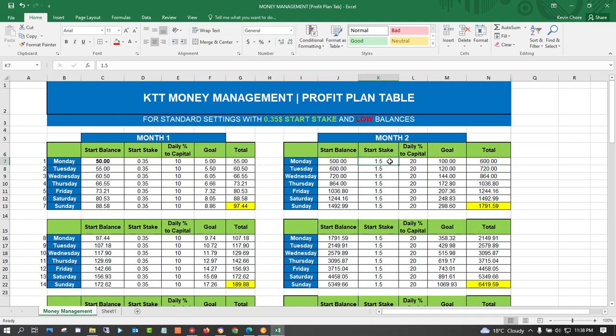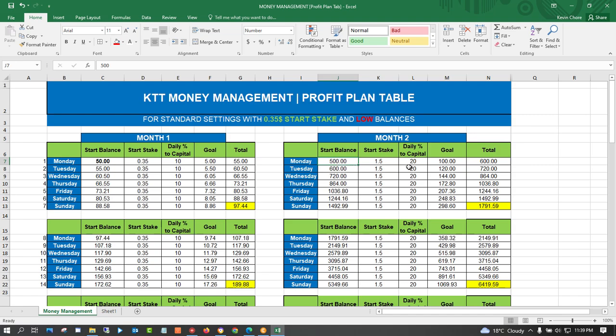We're only starting our stake with 1.5, and then what you can see, we are now doing 20% daily capital, right? So for month 1 we did 10% of our capital, but month 2 we are now dealing with 20% of our capital. Are you seeing what is going on here?